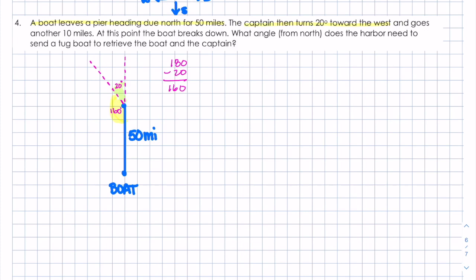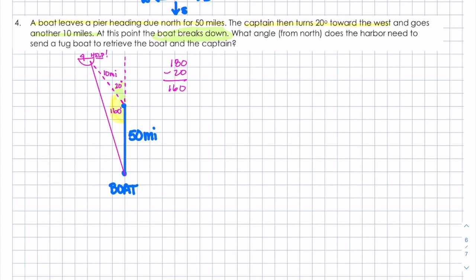And I can finish it off from here to there. And the question is saying, let's keep reading. Oh, and goes another 10 miles. So let me add 10 to this. So it's going 10 miles. And then it says, at this point, the boat breaks down. Oh, man. So the boat is stranded. So let me draw a little stranded boat. Help. It's stranded.